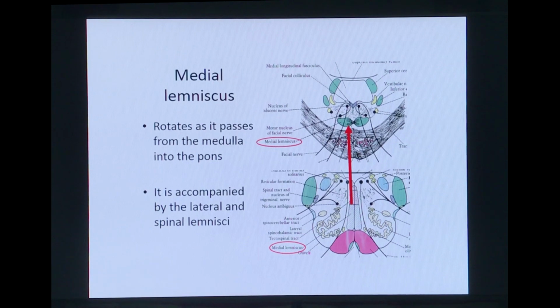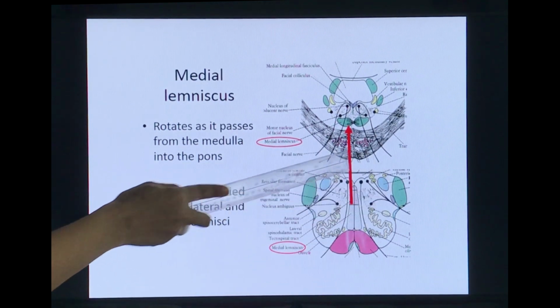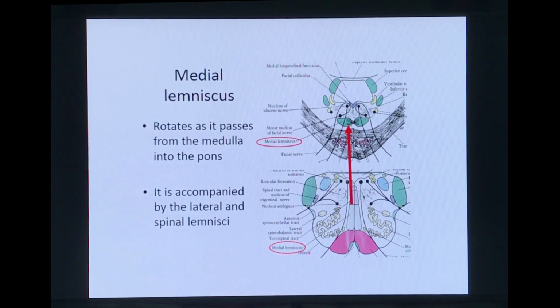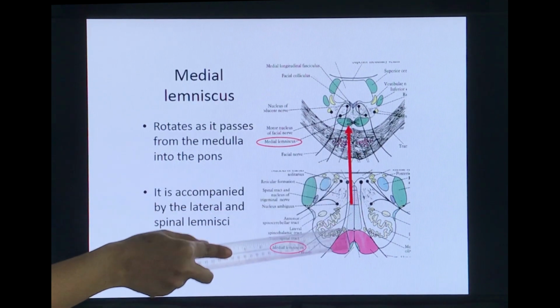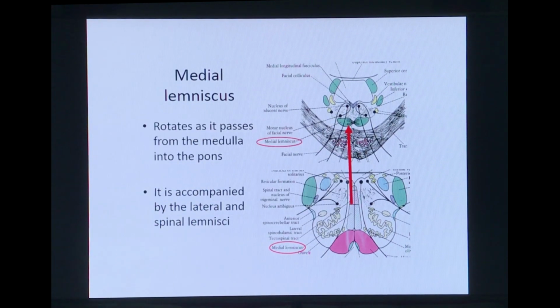Then if you look at the medial lemniscus, there is a change in direction between the medulla and the pons. This is the medullary section at the open medulla, the cranial-most part of the medulla, where the medial lemniscus was placed vertically. Once it comes to the pontine area, it rotates as it passes from medulla to pons.